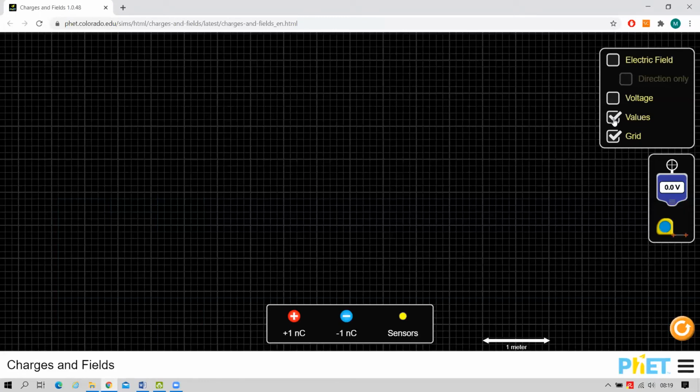Since the simulation is 3D, I can represent the plates with continuous line charges. But how can I create them? One way of doing this is putting the charges very close to each other.